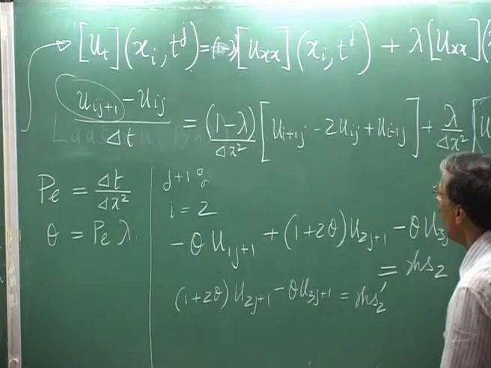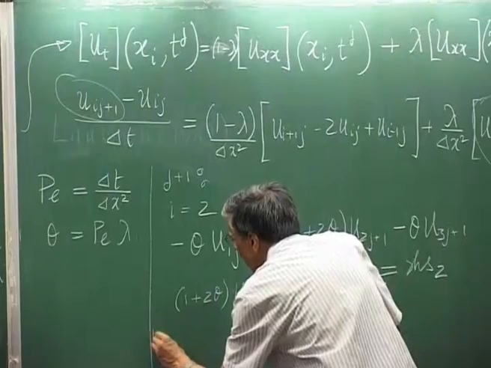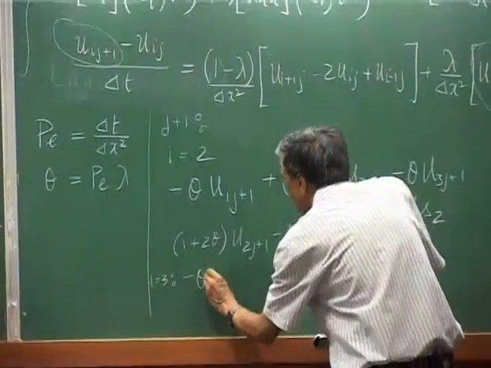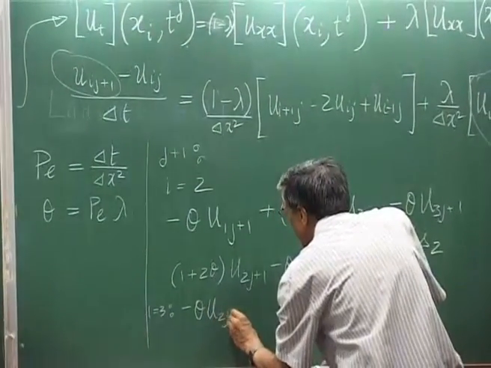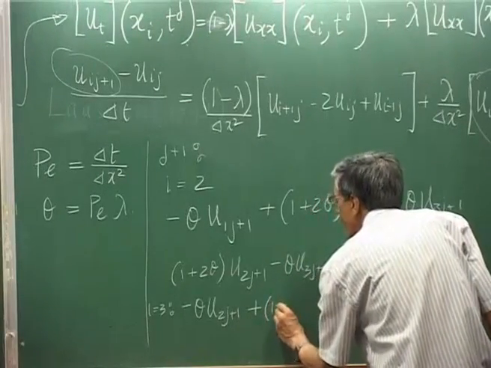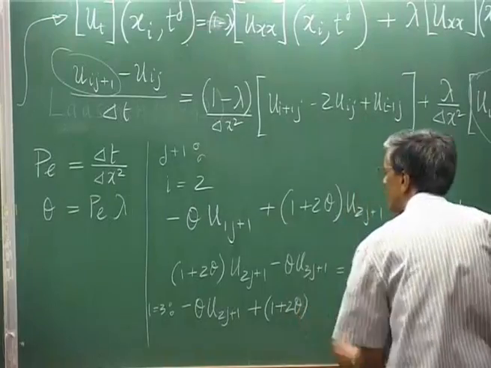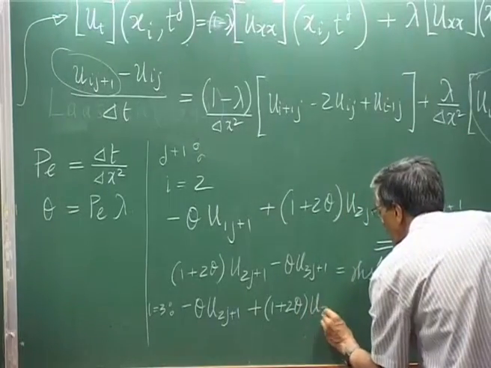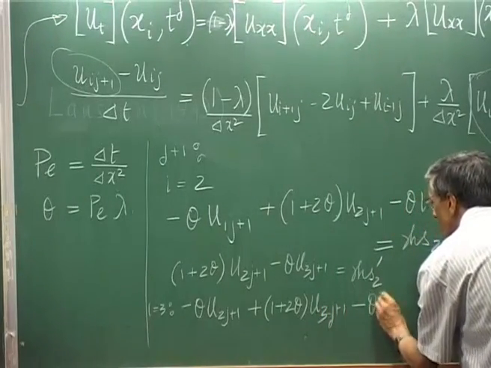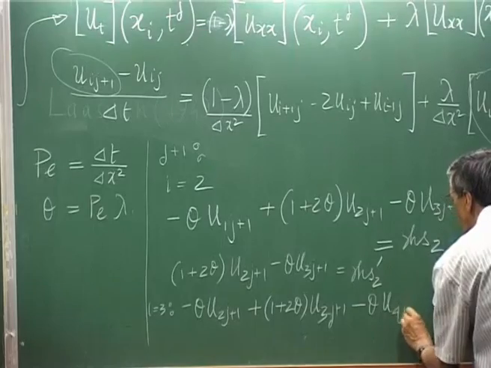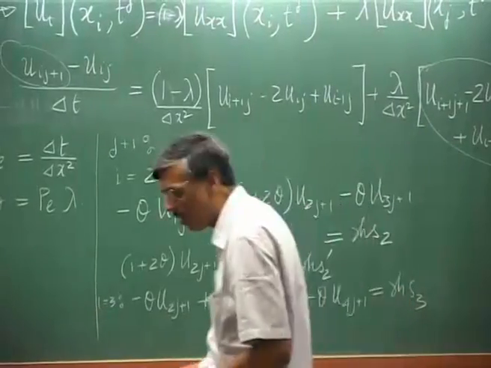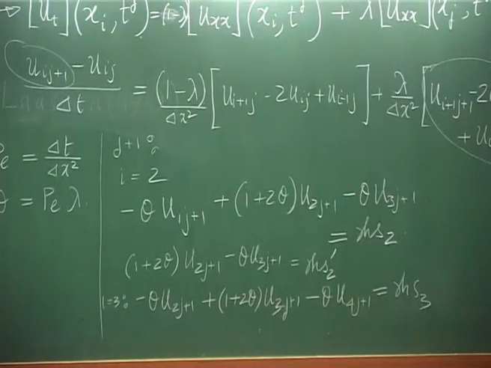Now, I could write the same thing for i equal to 3, and now you will notice that this term of course would be there. You do not need to take it to the right hand side, it is an unknown. And this I am going to write as RHS 3. So, I could write all that. So, what I am going to do is stack those equations.